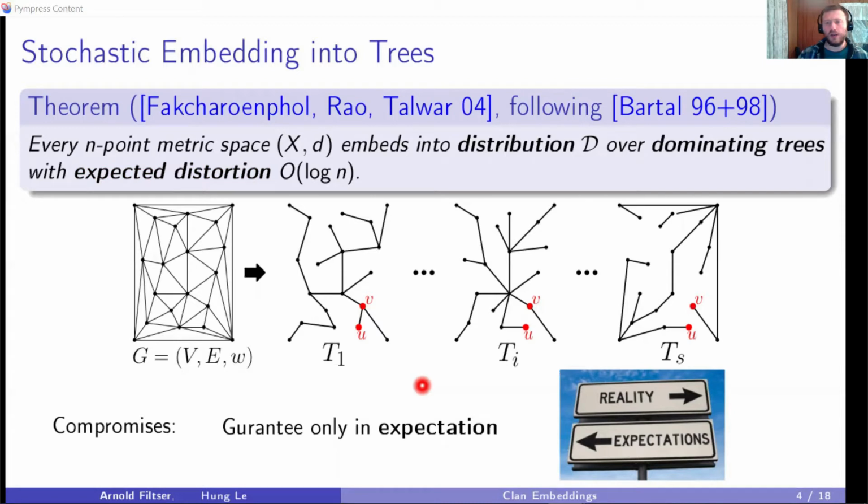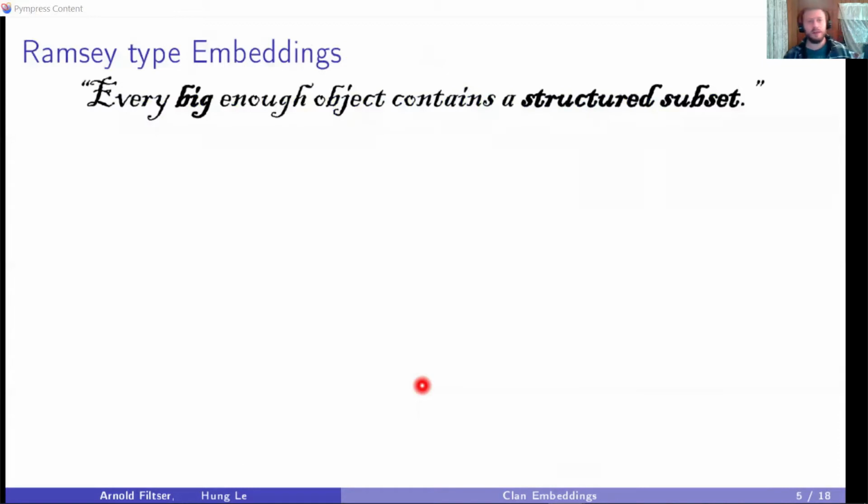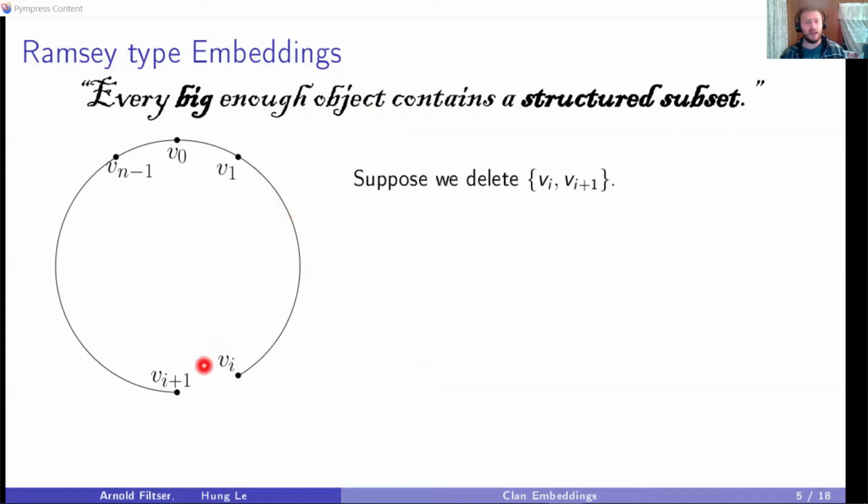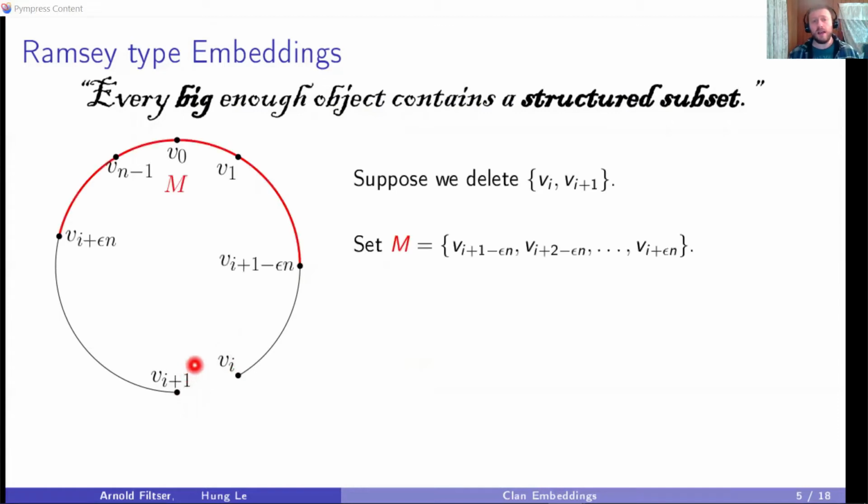In order to cope with these problematic guarantees, people studied Ramsey type embeddings, which in a sense rely on the idea that every big enough object contains a structured subset. Note that if you look at this cycle and we delete the edge v_i, v_{i+1}, then while the worst case distortion is n-1, in the entire area far away from this edge the distortion is quite small.